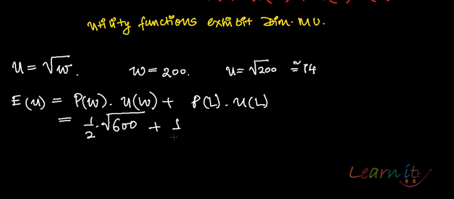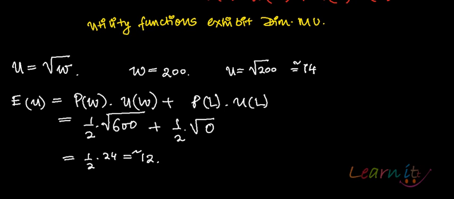Plus the probability of losing, which is 1 by 2, into the utility of losing, which would be 0, because you have $200 and if you lose, you'll lose $200, so it will be 0. So 1 by 2 into root of 600, which is approximately 24, so that is approximately 12.